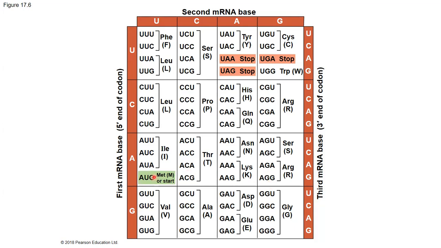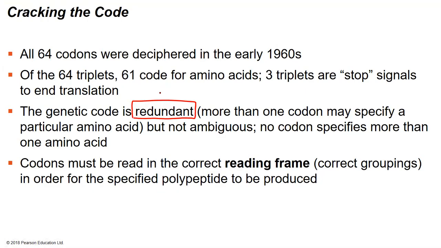So AUG is a start codon, and it's a codon for the amino acid methionine. Okay, cysteine is encoded by 2, histidine by 2, serine by 4, phenylalanine by 2, leucine by 6, as you can see. But this is the first characteristic of the genetic code.